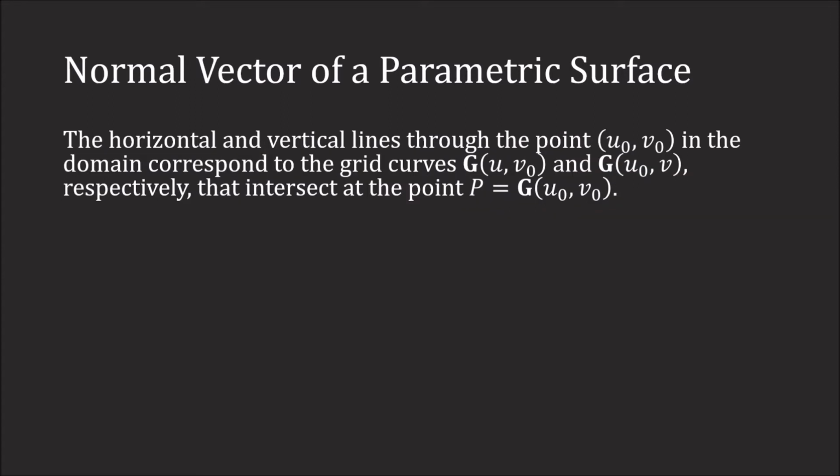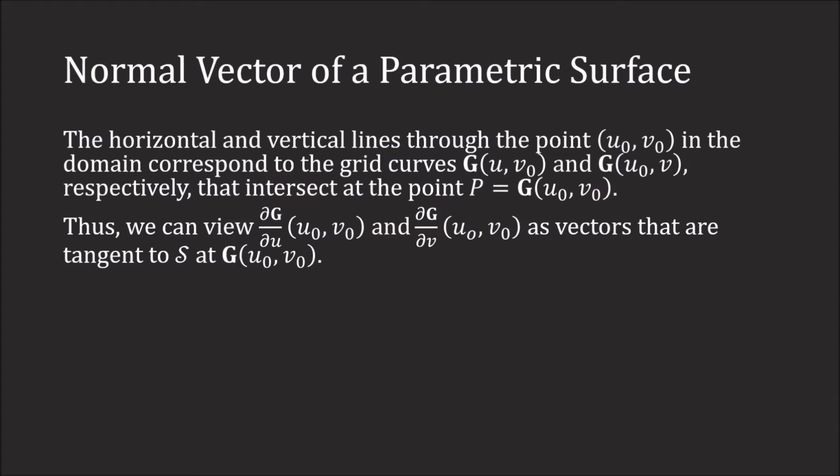The horizontal and vertical lines through the point u0 v0 in the domain correspond to the grid curves g of u, v0 and g of u0, v, respectively, that intersect at the point P equals g of u0 v0. Thus we can view partial g partial u of u0 v0 and partial g partial v of u0 v0 as vectors that are tangent to the surface S at the point g of u0 v0.